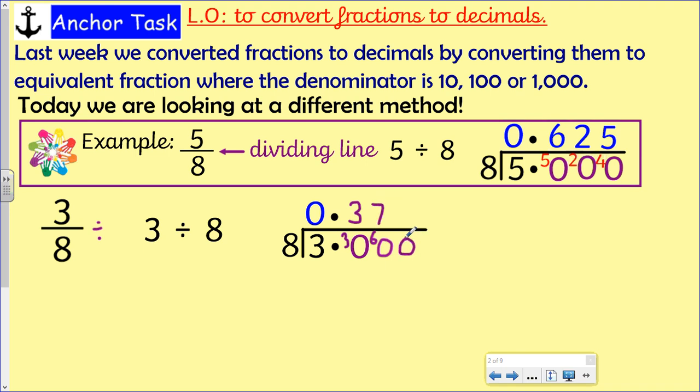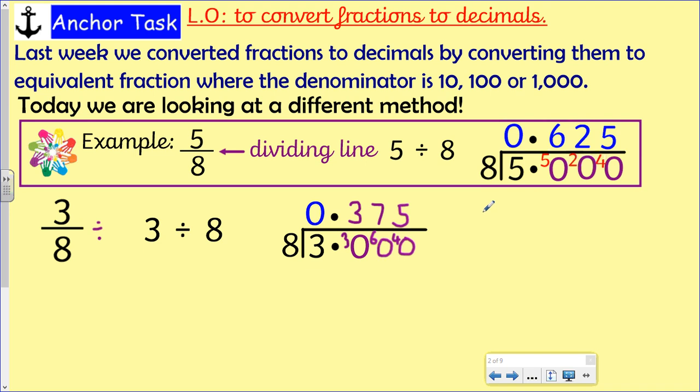So that gives me a remainder of 4. So I've put my 0 down. So it's not really 4, it's 40 thousandths. So how many 8s are in 40? So 40 divided by 8 gives me 5.